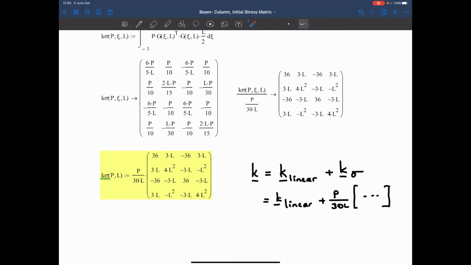And of course, since I'm subtracting the geometric stiffness matrix from the linear stiffness matrix, this subtraction may give me zero stiffness, and sometimes even negative stiffness, which actually means that we have buckling in the system. So this is the final stiffness matrix that describes the bending behavior.